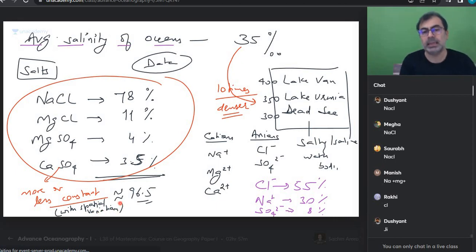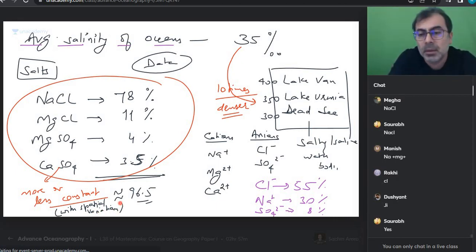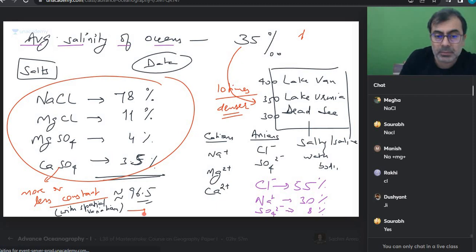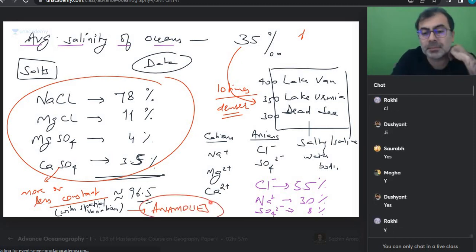But if we go by averages, this is what we have in our oceans. Imagine if there is some place where upwelling is happening, cold water is coming. Yes, different salinity. Some place warm water is there, different salinity. Some place cold and warm water, saline and less saline water meet, different salinity. Some place glaciers are melting, different salinity. So there will be variations. And variations, can I call them anomalies? Yes, anomalies. If you remember the word anomaly.